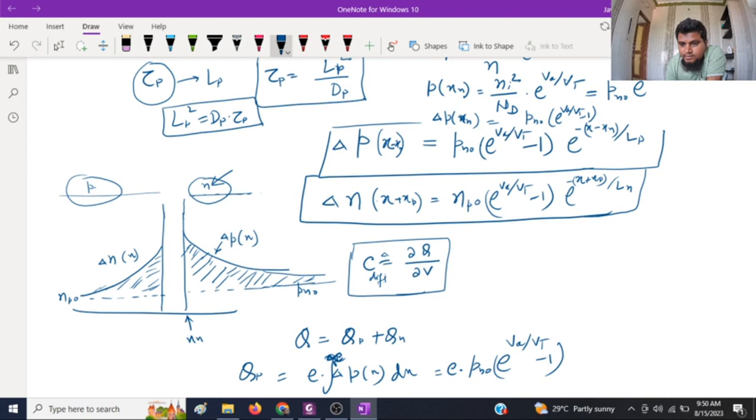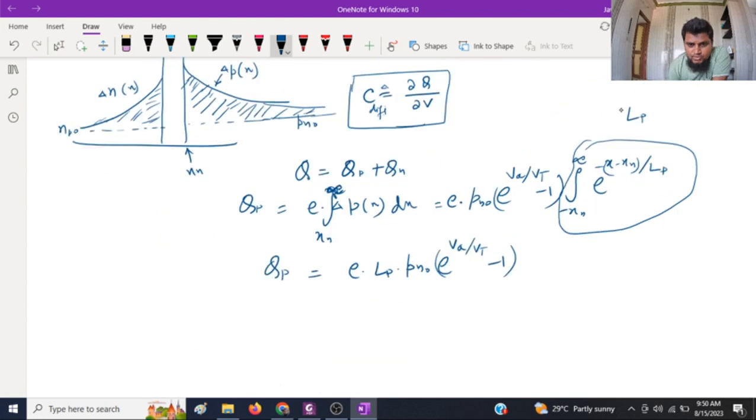Of course, when you integrate, this integral will count as total area Lp. So Qp is equal to e into Lp into Pn naught (e to the power Va upon Vt minus 1). Likewise, Qn you can calculate as e into Ln into Np naught (e to the power Va upon Vt minus 1).